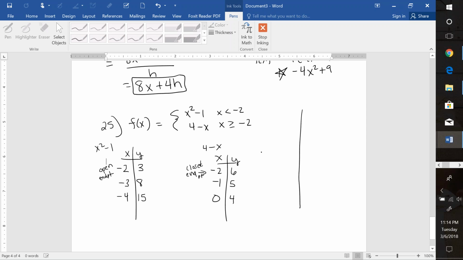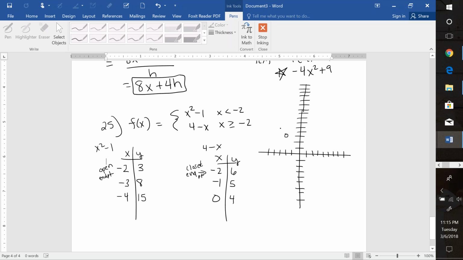So once you have at least 3 points, or sometimes more, depending on how comfortable you are, for each of your graphs, I'm making sure I can go all the way up to 15. Okay, so for this one I have -2, 3, and that's an open endpoint.